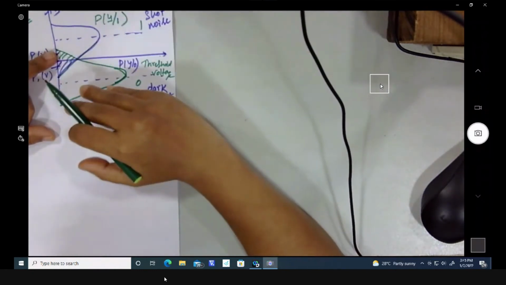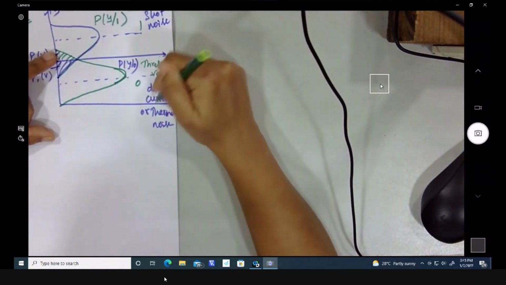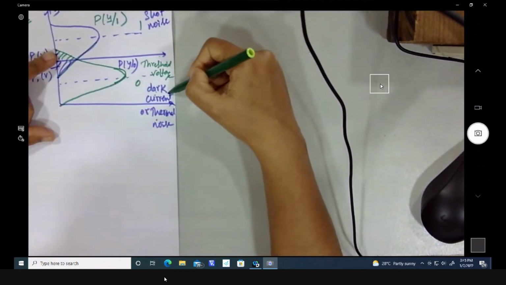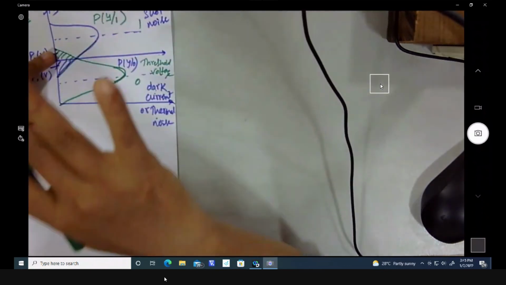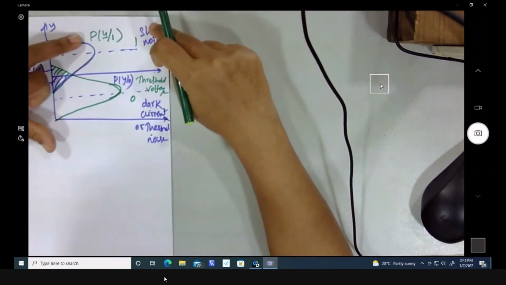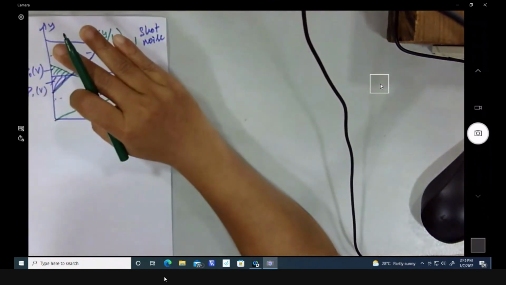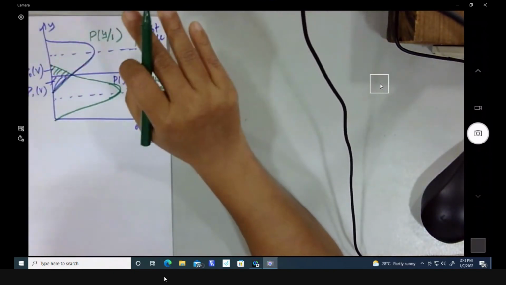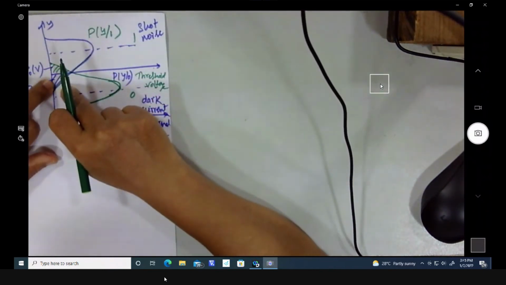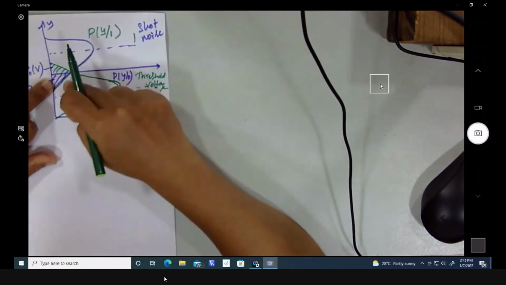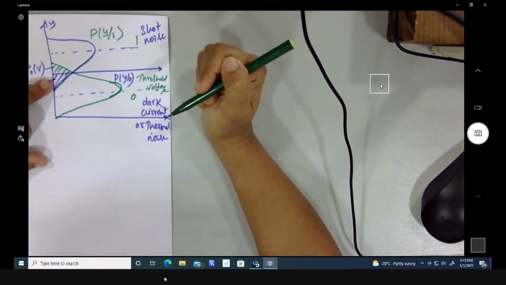Actually we have to detect 0, but because of these two kinds of noises, dark current or thermal noise, it will be detected as 1, and that is noise. And shot noise is present only for the 1 bit. When we are transmitting 1 bit, because of this shot noise, it will be detected as 0, when it falls below the threshold voltage.